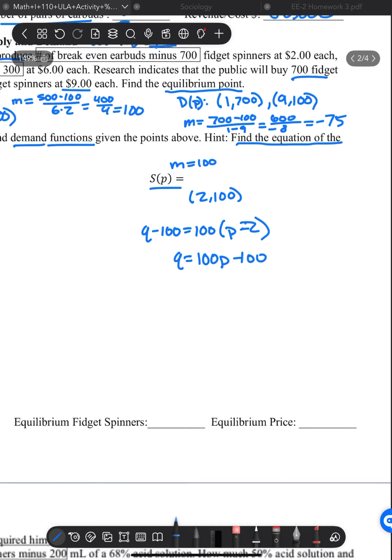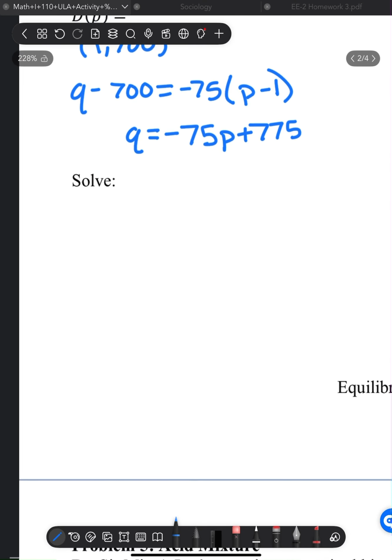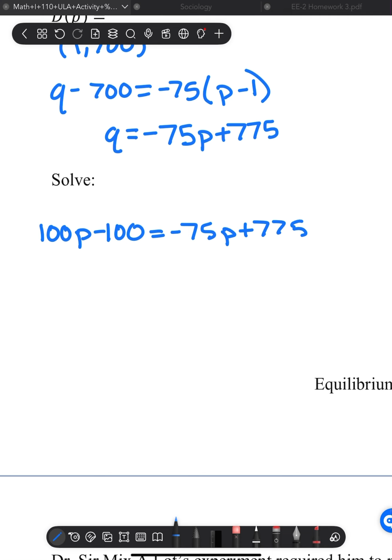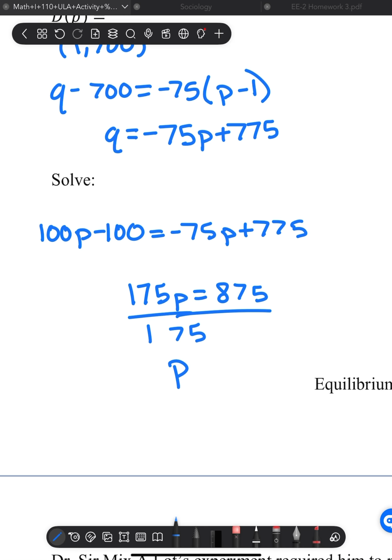Alright, so now we have two equations, so let's make them equal each other here. So we have 100p minus 100 equals negative 75p plus 775. You're going to get this simplified to 175p equals 875. Divide by 175 from both sides.